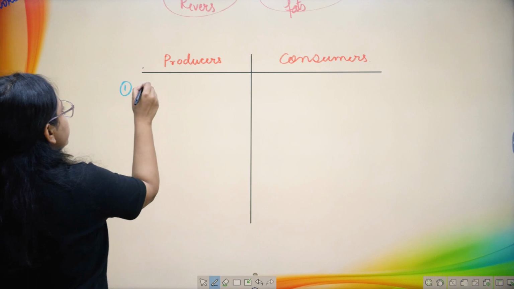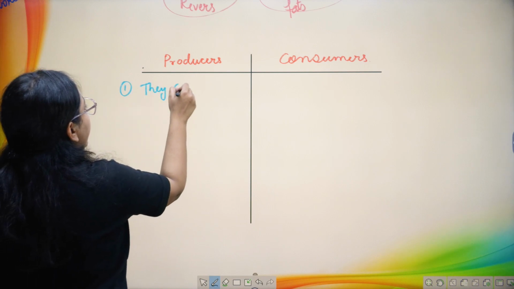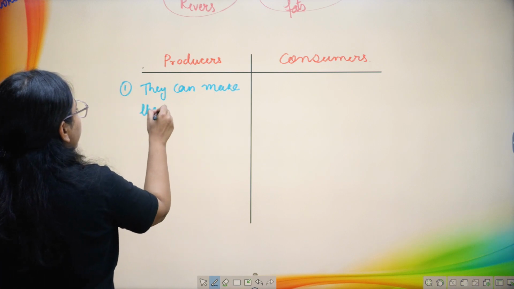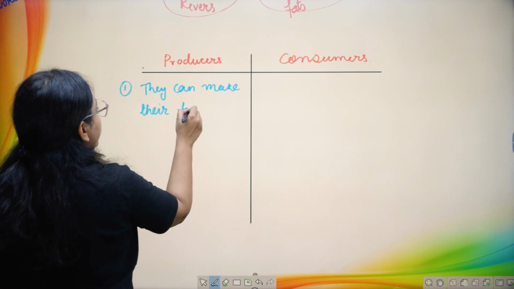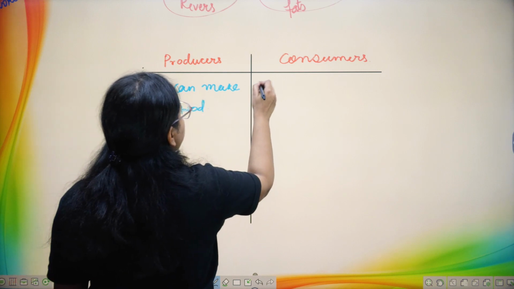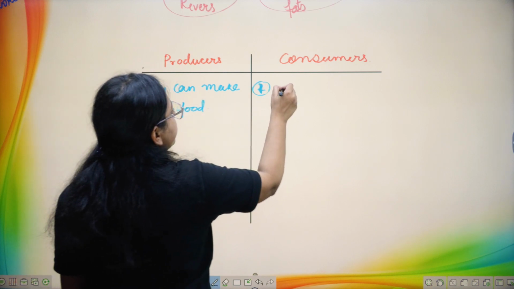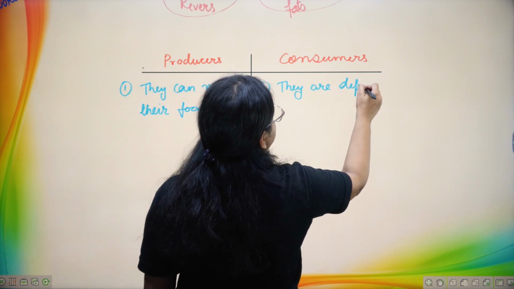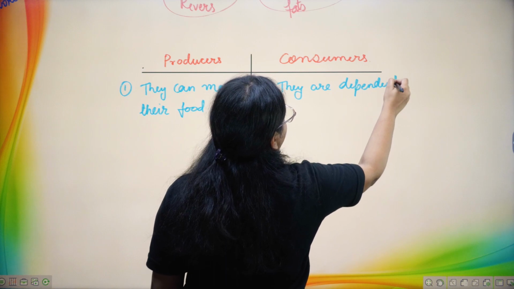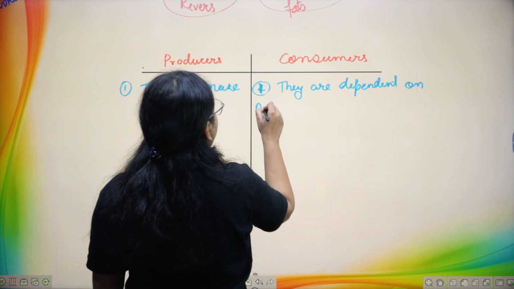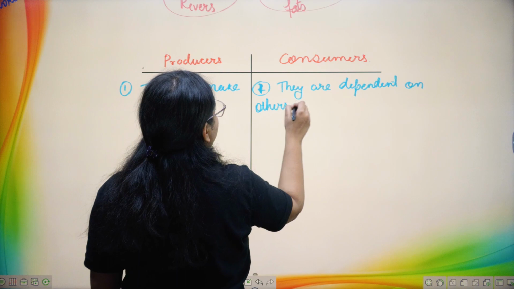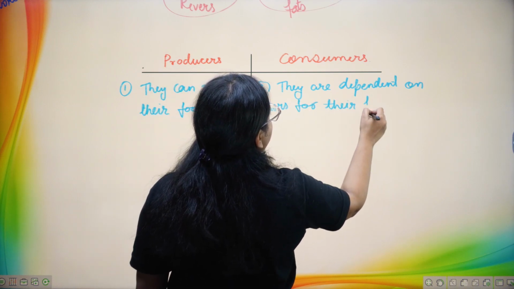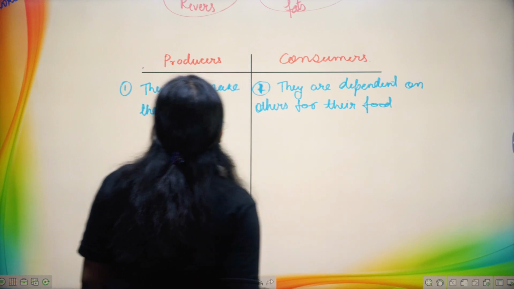First, producers can make their food. Consumers are dependent on others for their food, which means they can't make their food on their own, right.